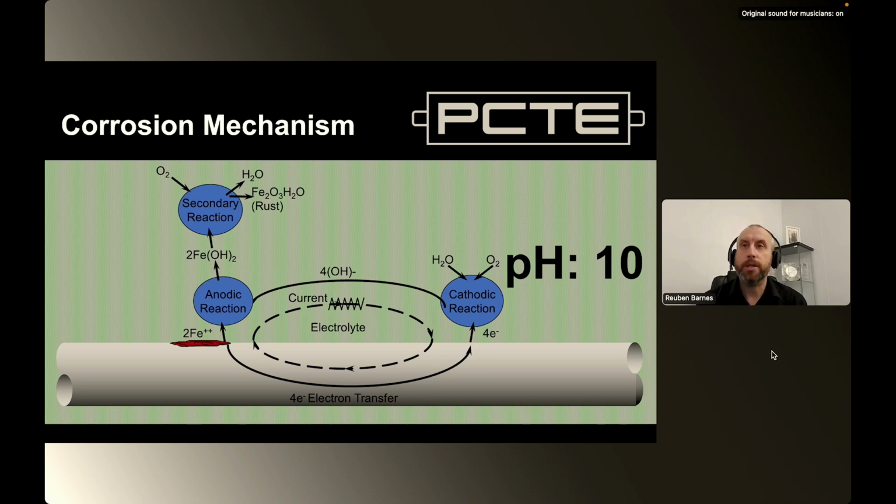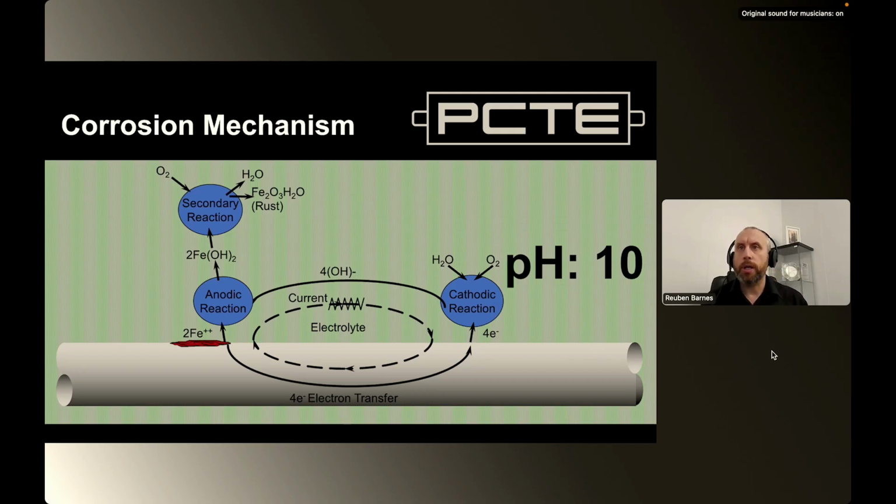That has a much larger volume than the steel it's replacing. At the cathodic region, that's the real driving force behind the reaction, where our water and our oxygen are drawing in the electrons and also providing the hydroxides.